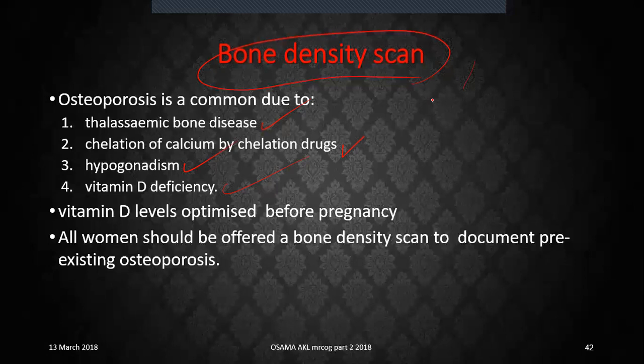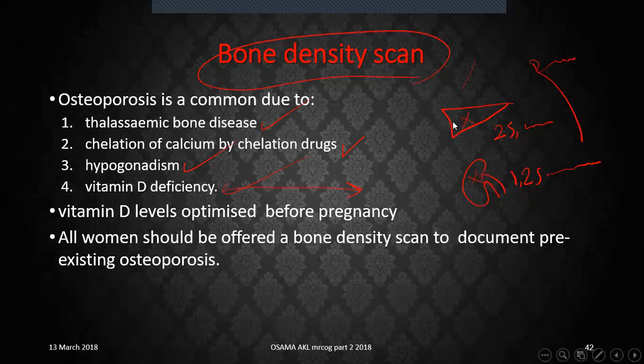So we need to assess vitamin D before pregnancy because vitamin D activation needs the skin to manufacture dihydroxycholecalciferol, needs the liver to form 25-hydroxycholecalciferol, and needs the kidney to become 1,25 dihydroxycholecalciferol. There may be impairment in the liver or renal impairment due to iron deposition, so vitamin D deficiency also may occur. So we need to offer bone mineral density.